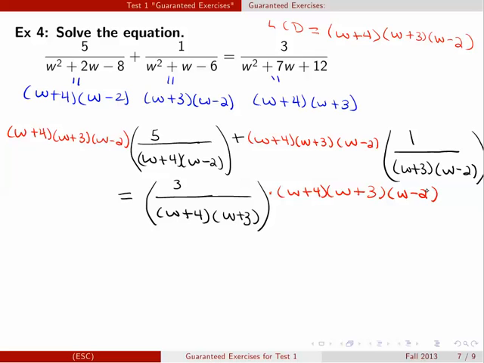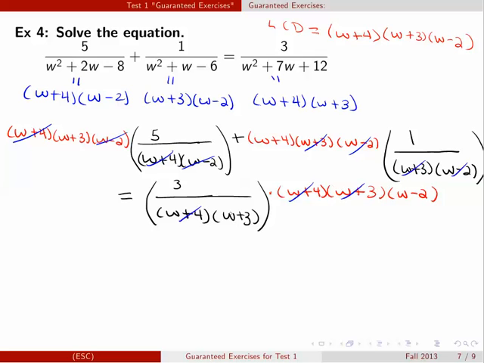Multiplying by the LCD will help us cancel this denominator, and in my second fraction I can cross out w plus 3 and w minus 2, and on the right hand side I can cross out w plus 4 and w plus 3.